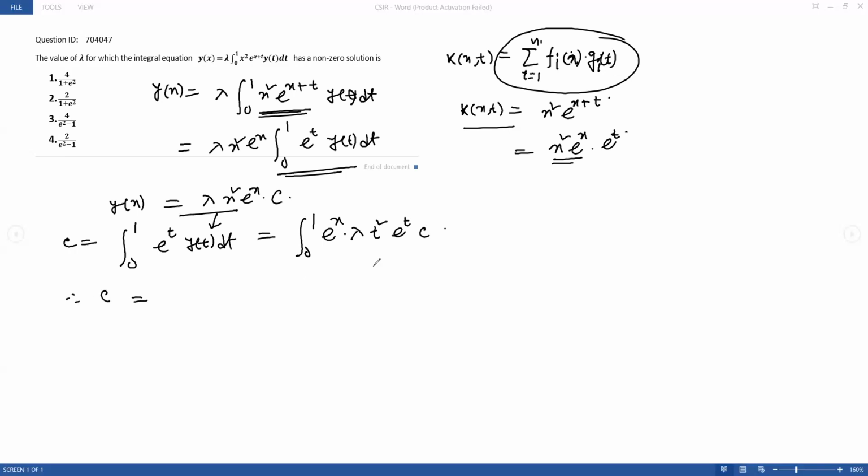Therefore, c equals lambda c integral 0 to 1, sorry, it will be e to the power t times e to the power t, so t square e to the power 2t dt. So we can integrate it easily. Lambda c, we can use the method of integration by parts.